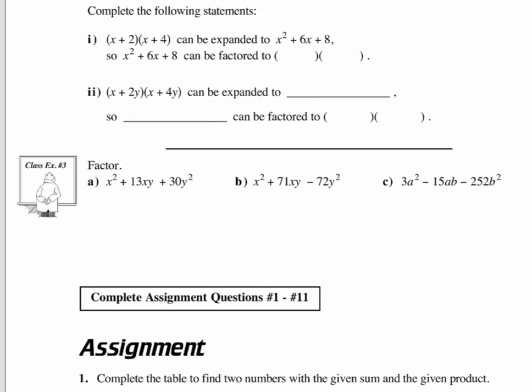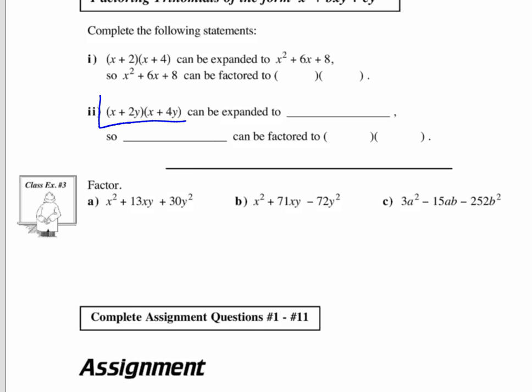Before we do example number 3, what I'd like you to do is expand x plus 2y times x plus 4y. Use good old FOIL, or you can use a chart, and expand it. Get rid of the brackets.